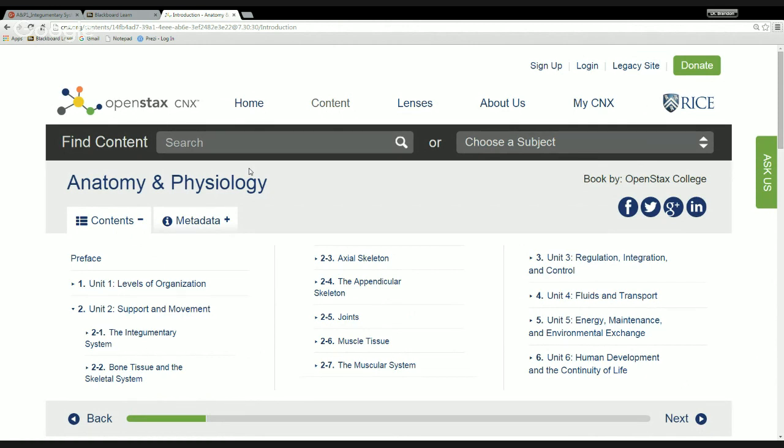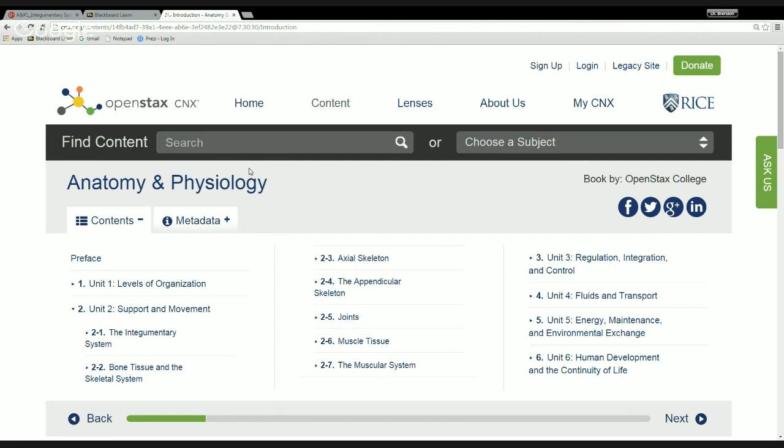So there's the skin, which we'll be dealing with today. And then there's a chapter here that says bone tissue in the skeletal system, which is an introduction to the skeletal system, and concentrates more on the organ structure of bones, and especially on how they develop and grow to begin with, and a little bit about how they repair themselves.